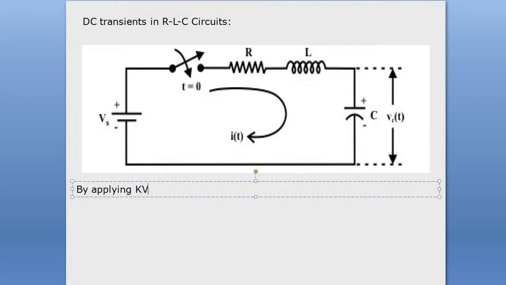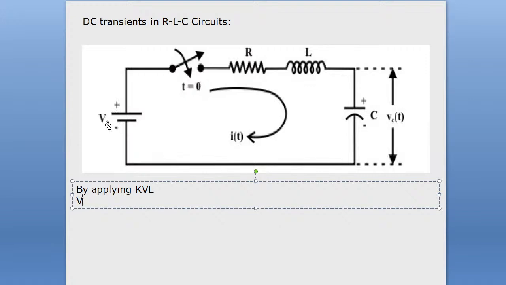By applying KVL for this circuit, we can write, the supply voltage is denoted here by the symbol V subscript S. So Vs is nothing but the supply voltage, equal to the sum of the voltage drop across resistor R, the voltage drop across inductor L, and the voltage drop across capacitor C. We have considered here that the current through this circuit is i of t.